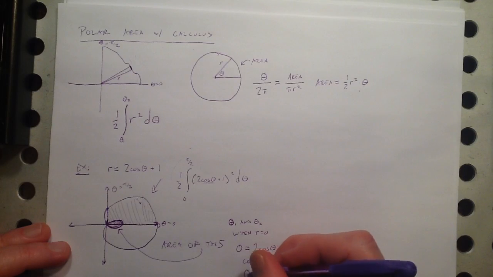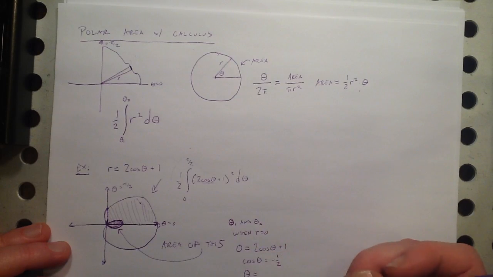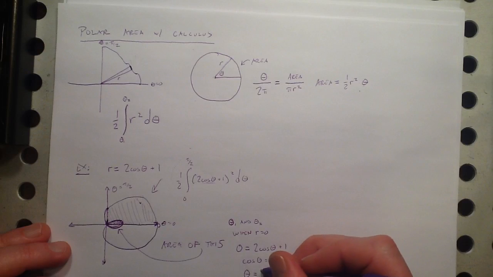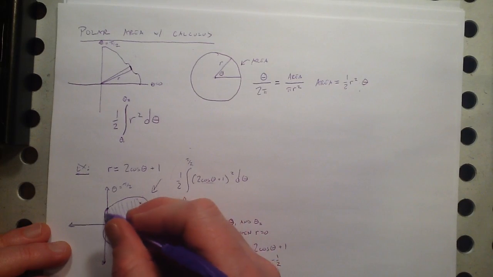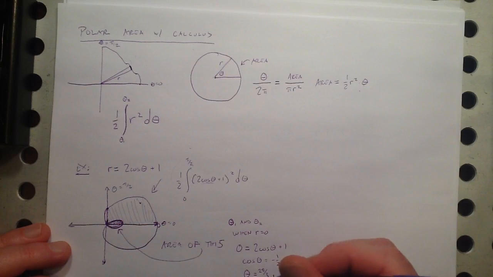So that's happening at theta equal to pi over 3, 2 pi over 3, and I want to run this forward, right? So I need to do the next one in front of that, and then 4 pi over 3.